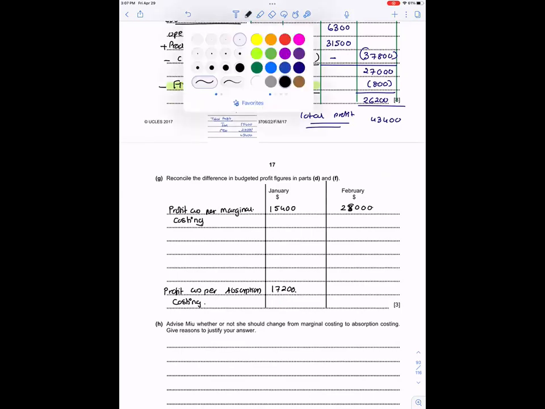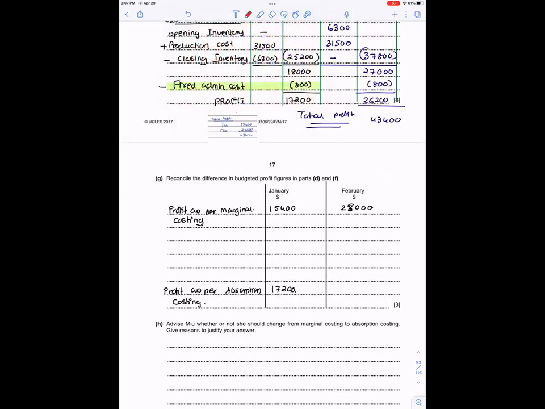Another hint you'll remember, I normally keep on saying when I have to reconcile, closing inventory is income and opening inventory is expense. So here in absorption costing, I valued my closing inventory at 7. And here I valued my closing inventory at 5. So here I have valued income at more amount, that is why this is more.